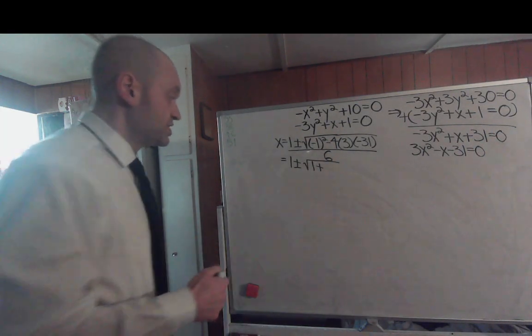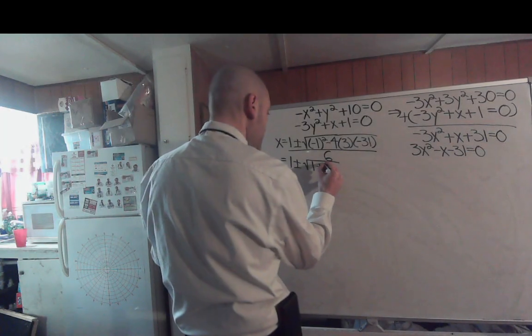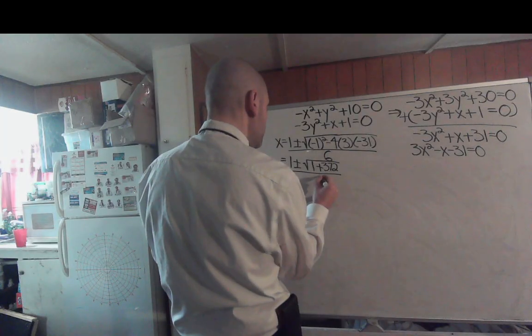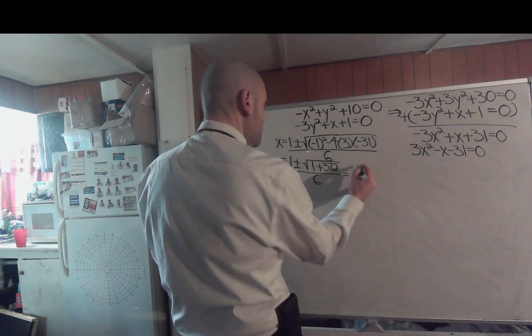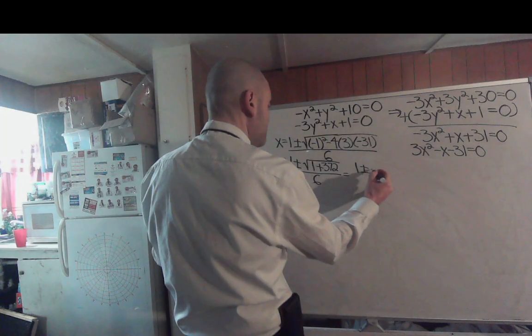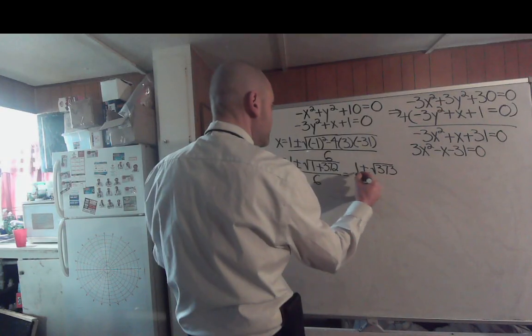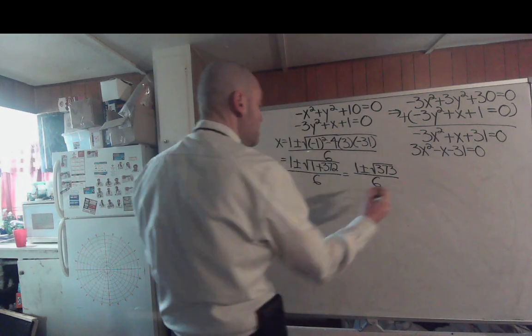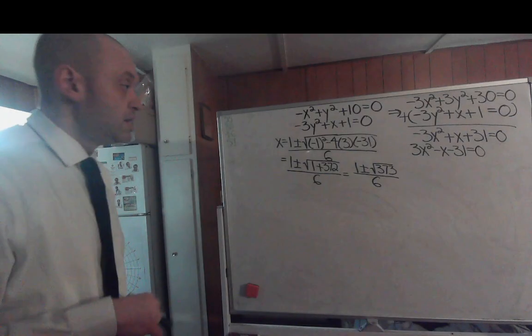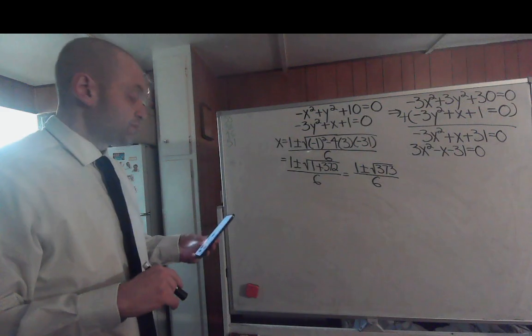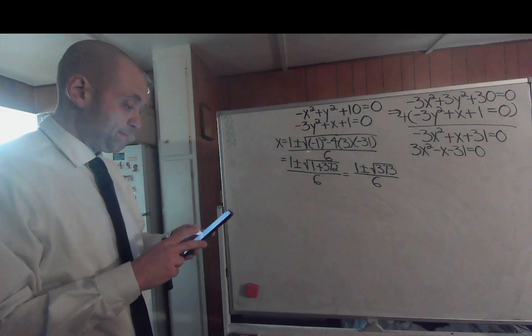That's 372 all over 6. So that would equal 1 plus and minus the square root of 373 divided by 6. Well, what I would like to know is, does 373 break down any further?